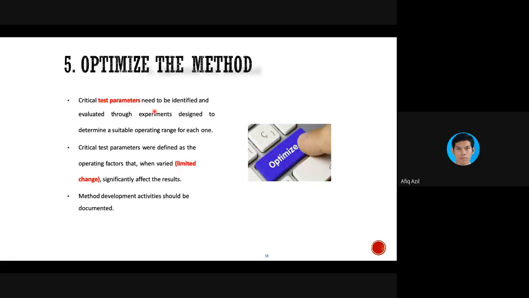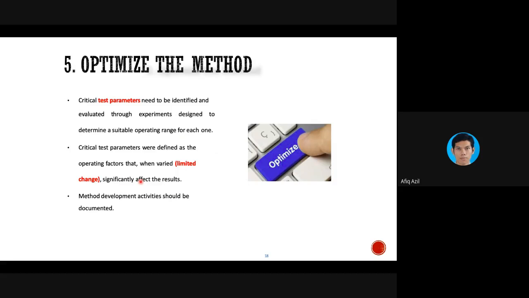Then the next step, number 5, is to optimize the method. Critical test parameters need to be identified and evaluated by your analysis, designed to determine a suitable operating range for each one. Critical test parameters are defined as the operating factors that, when varied, so varied meaning you make slight adjustment, significantly affect the result.